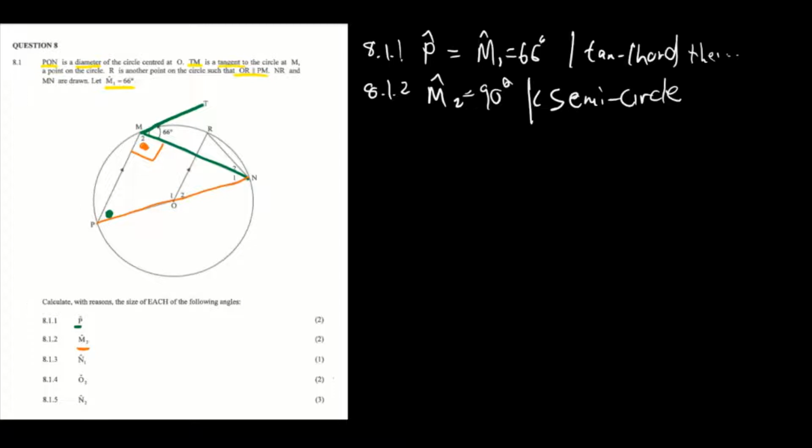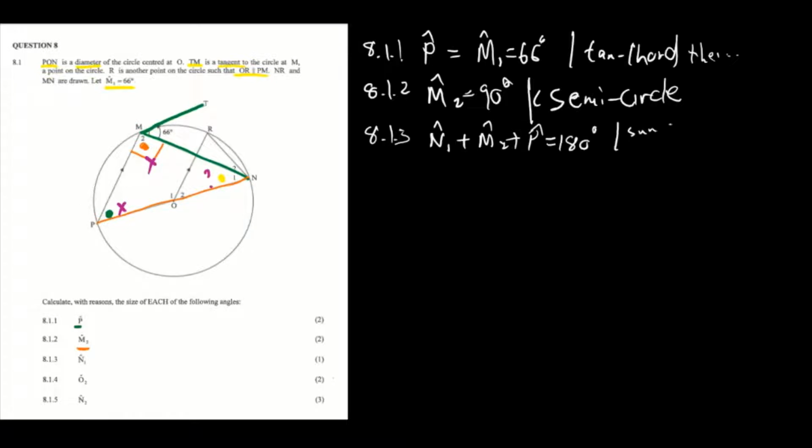And then we want N1, which is this angle here. We have M2, and we also have P. Now we want to identify N1, so you're just going to use the sum of angles of a triangle. So it's 8.1.3. Angle N1 plus angle M2 plus angle P is equal to 180 degrees.